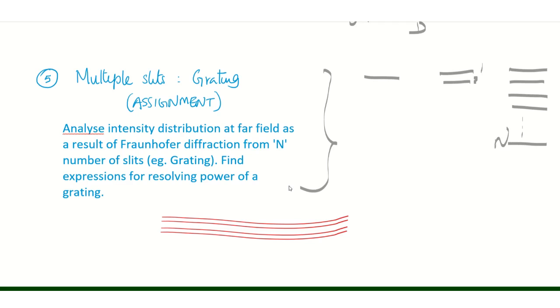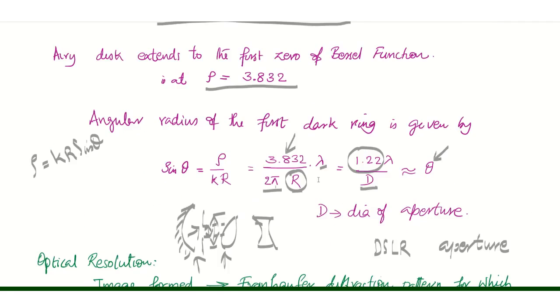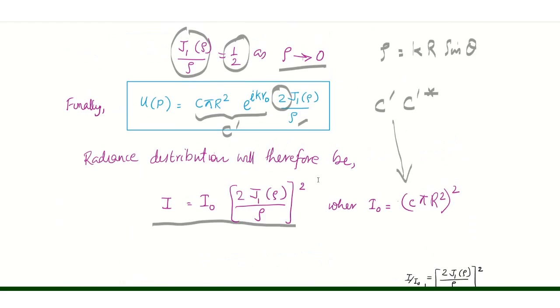Here you have 1 and 2, here you have 1. I'm going to give this as an assignment. After we have done all this, it's a straightforward thing. And also you need to find expressions for the resolving power of a grating using Fraunhofer diffraction methods. Okay, thank you.